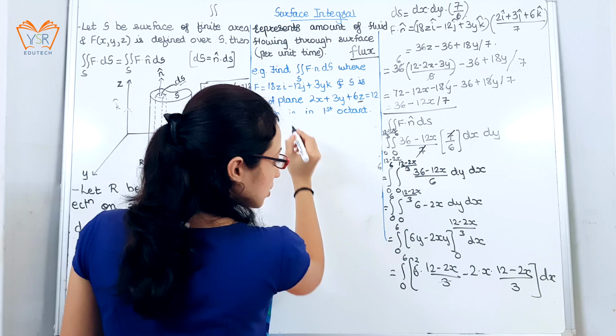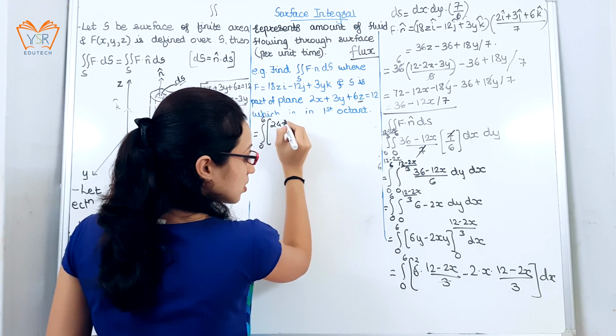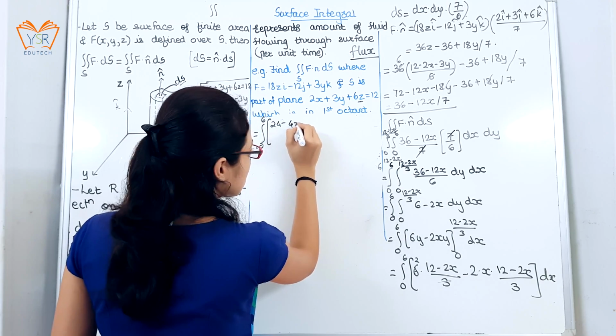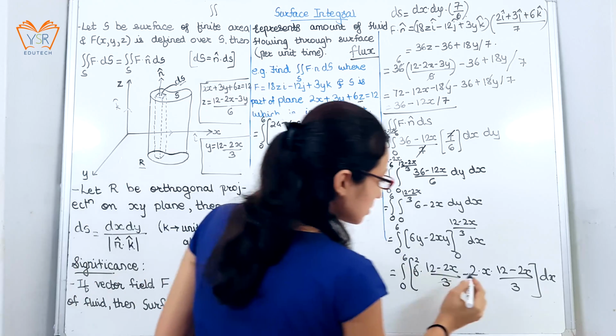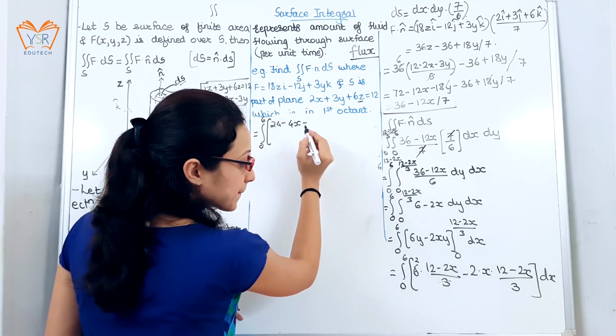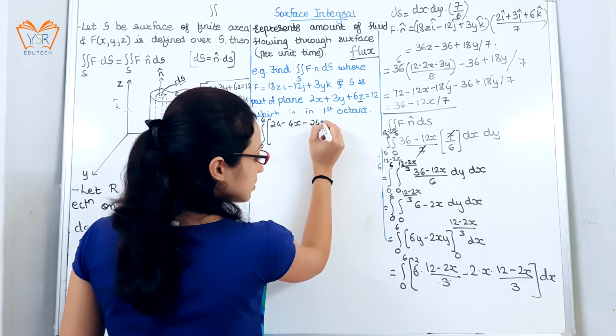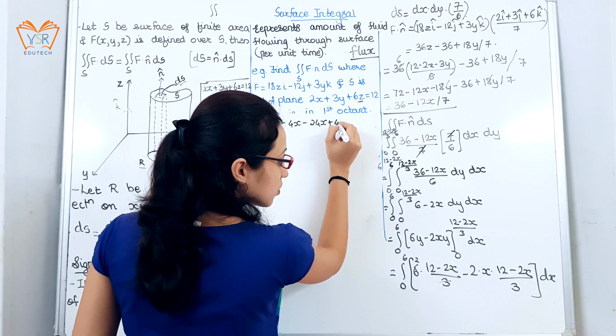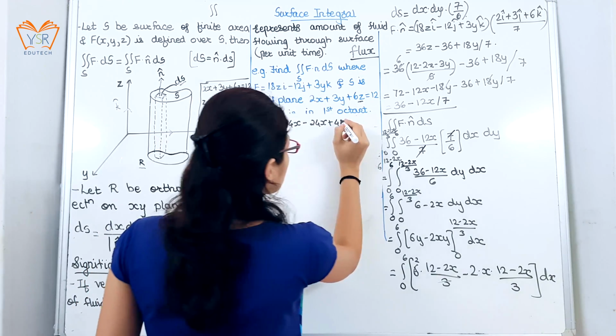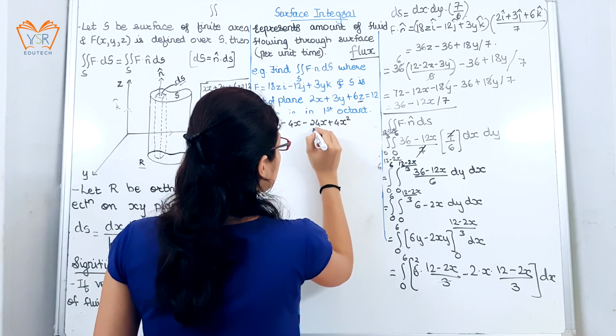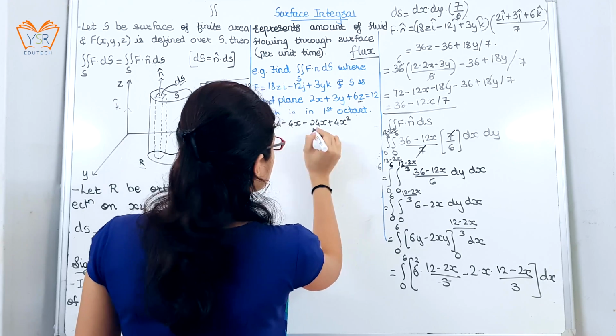Here we get 24 minus 4x minus 24x plus 4x square divided by 3.